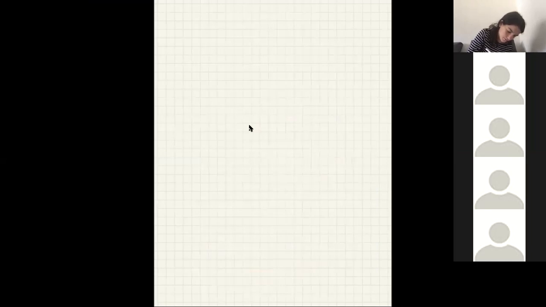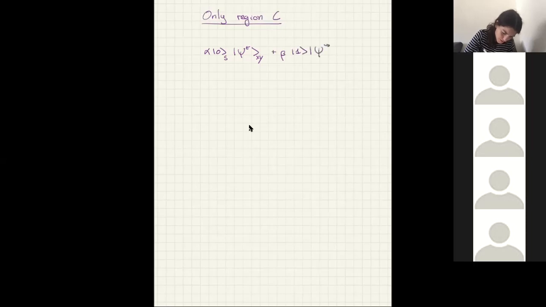if we had now only region C, and we thought that we have a state that starts like this, x and y plus beta 1 to the right, x and y.